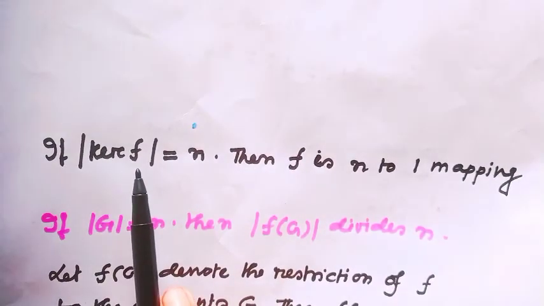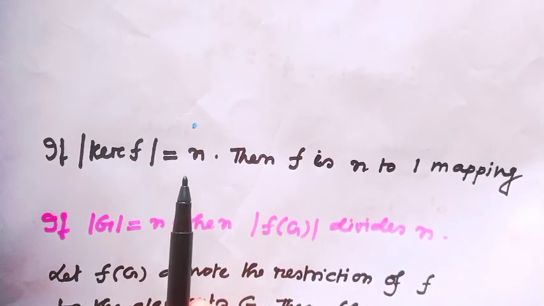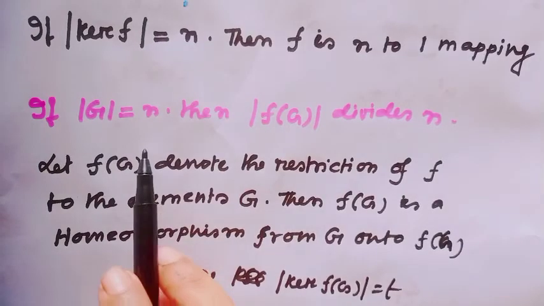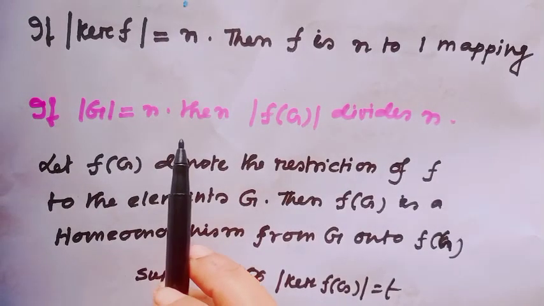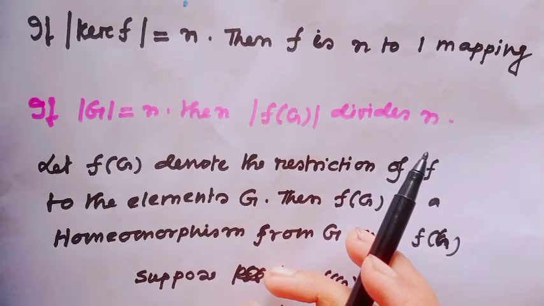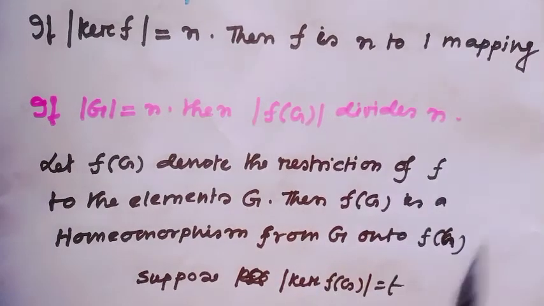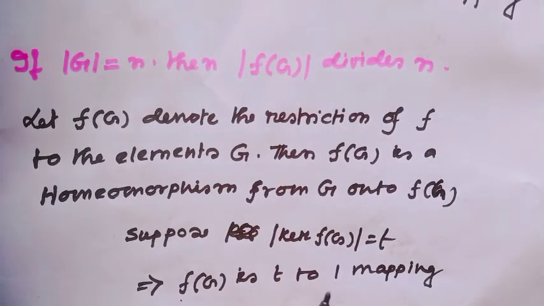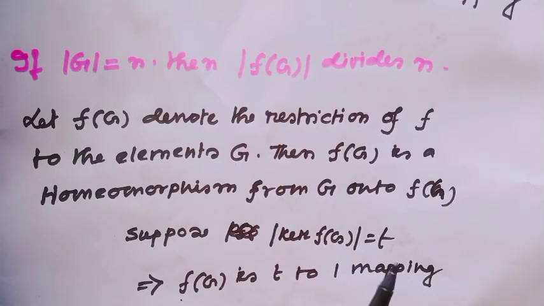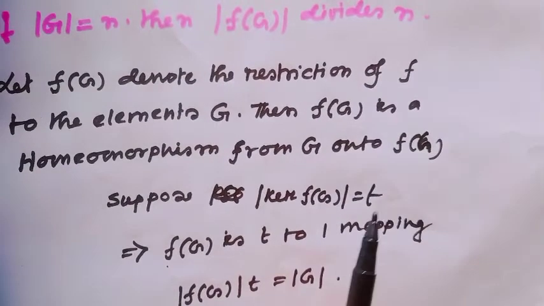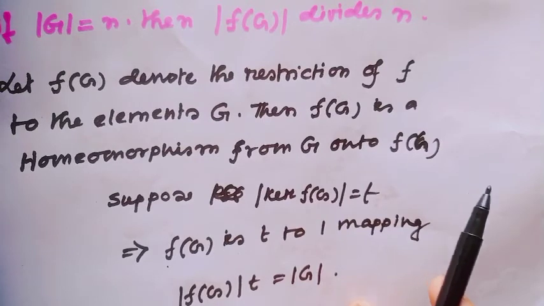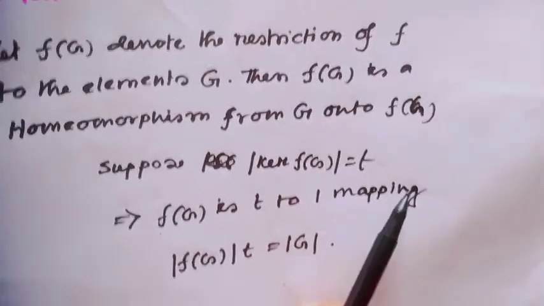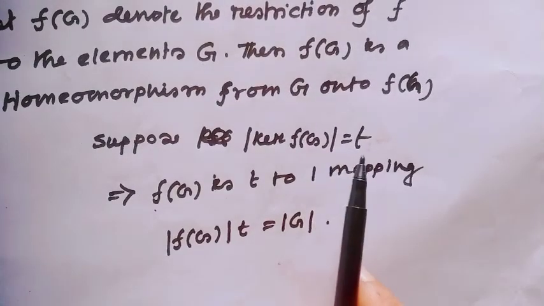There is a nice property. If the order of the kernel of f equals n, then f is an n to 1 mapping. There exists another theorem. If the order of G equals n, then the order of f g divides n. Let's see the proof. f g denotes the restriction of f to the group capital G. Then f g is a homomorphism from G onto image f g. Are you getting? Okay. Suppose the order of the kernel of f g equals t.